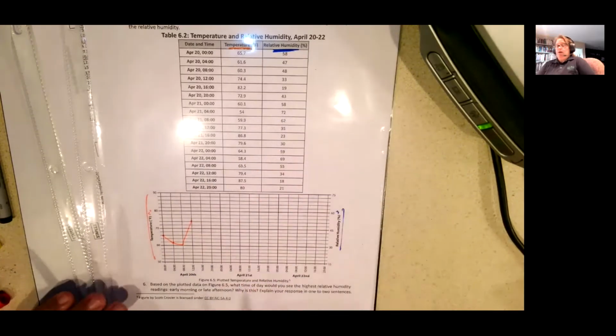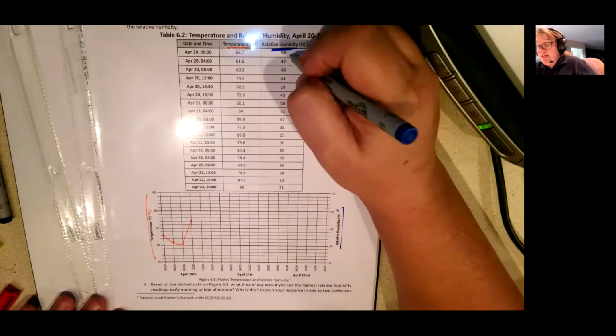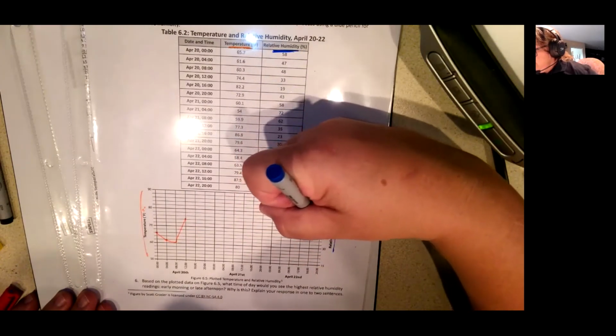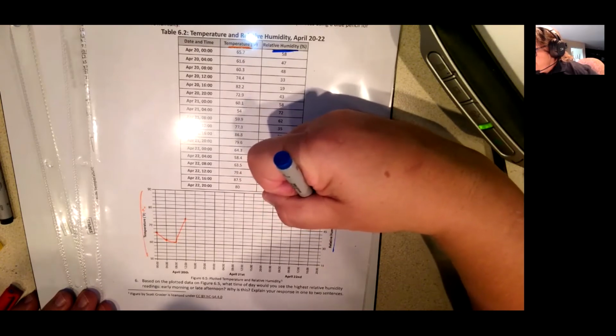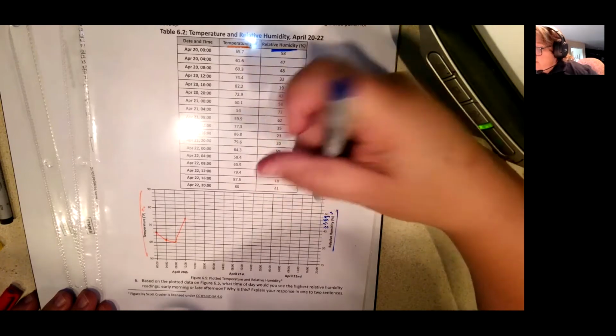And then you'll go ahead and do the relative humidity on the other side. So 58. You're using the numbers over here, and these are on the 3s. So this would be 48, 51, 54, 57. So 58 is just above this line.